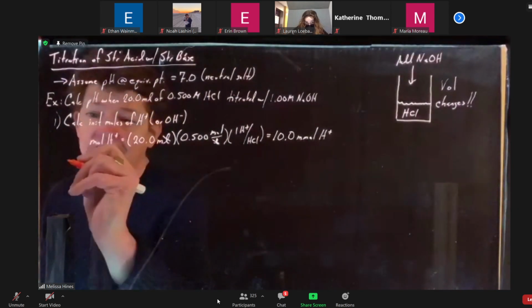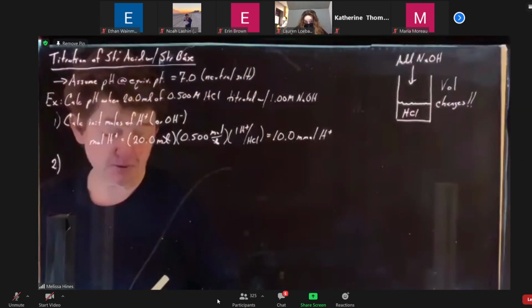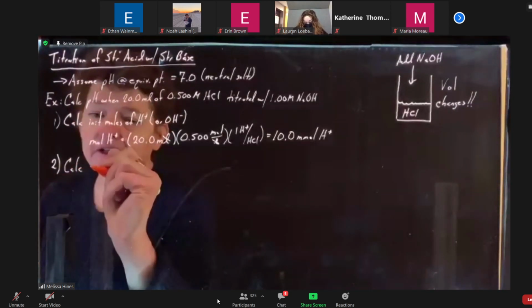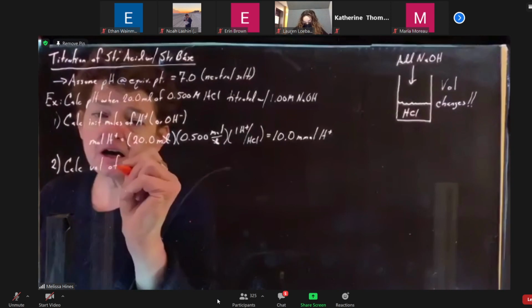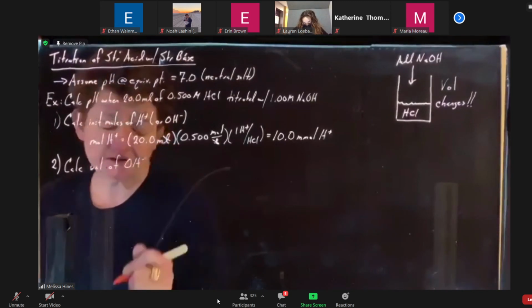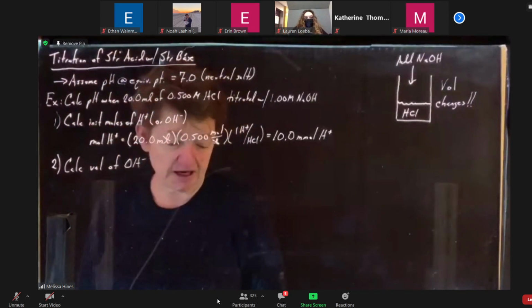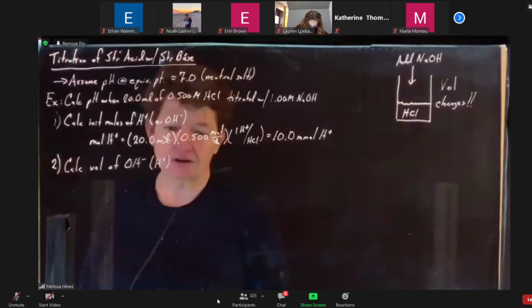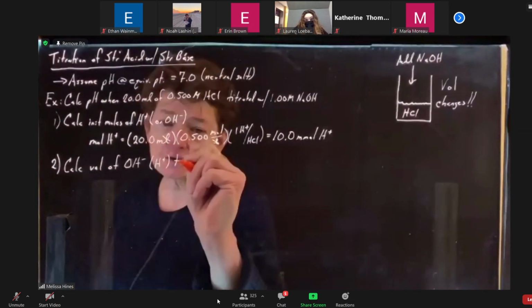And now the second thing is we're going to figure out where our endpoint is. So we are going to calculate the volume of OH minus, which in this case is coming from the sodium hydroxide, or the H plus if we were dealing with this in reverse, to reach the equivalence point.